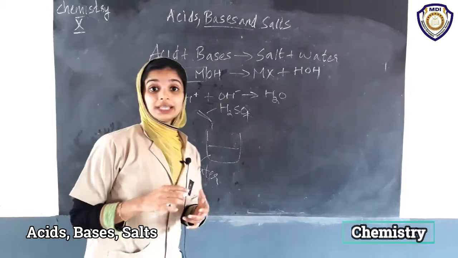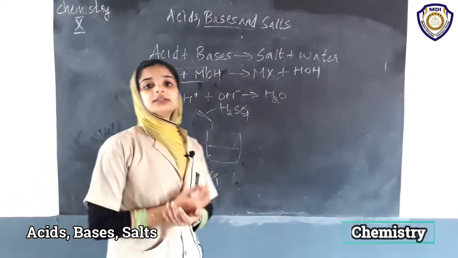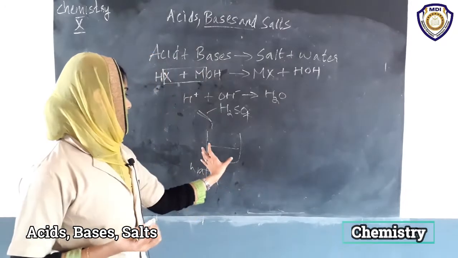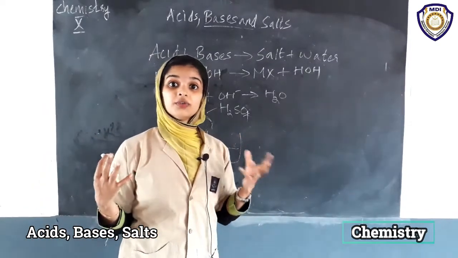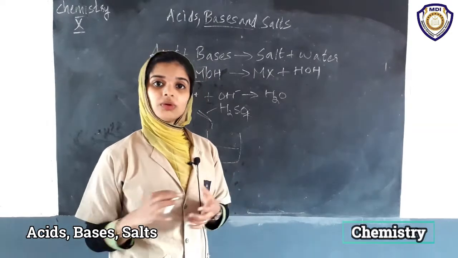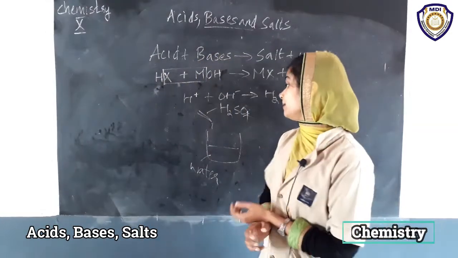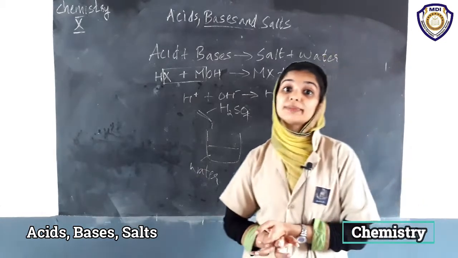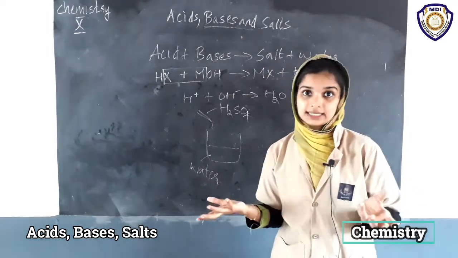After adding this sulfuric acid dropwise to the beaker, just touch the surface of the beaker. It will be very hot. Why? Yes, the reaction will be exothermic. Exothermic means producing heat, releasing heat.